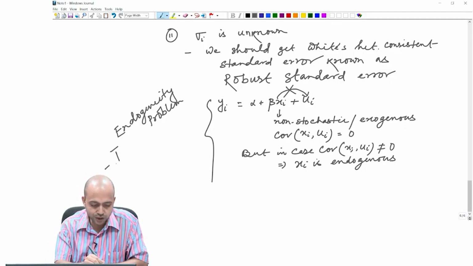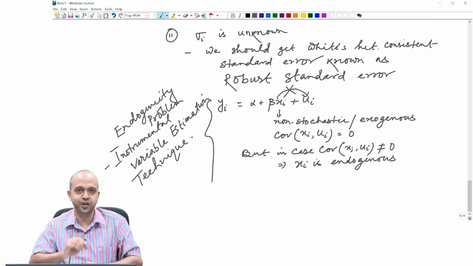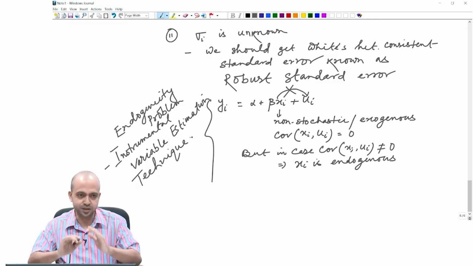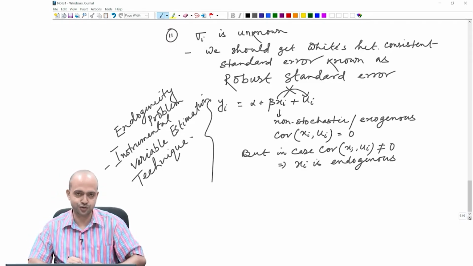You have to use the instrumental variable estimation technique. But this IV technique is beyond the scope of this basic econometrics course, that comes under the next course, which is applied econometrics, right.